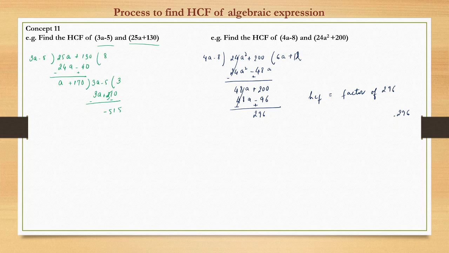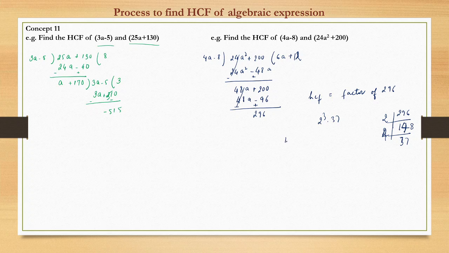So what would be those factors? 296 is 4 times 74, that is 148, then 4 times 37. So it is 2 cube into 37.